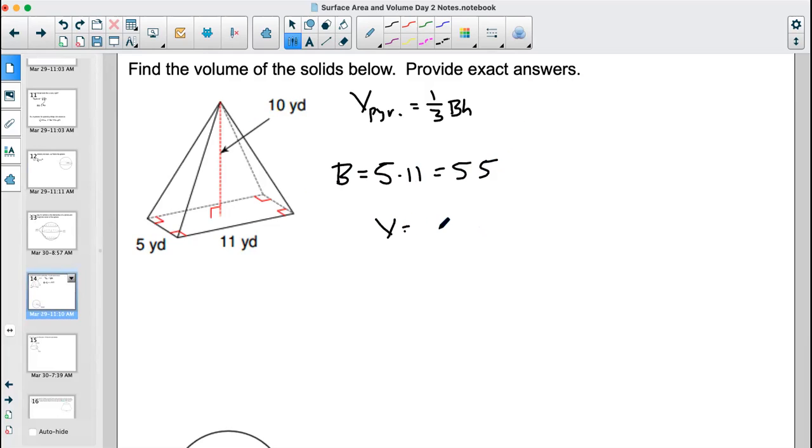So my volume is 1/3 times 55 times 10, which is 550 over 3 yards cubed. Remember, volumes are cubed. 550 over 3 is 183 and 1/3. You could write it as a mixed number if you wanted to, but it's probably the best way to write this answer.